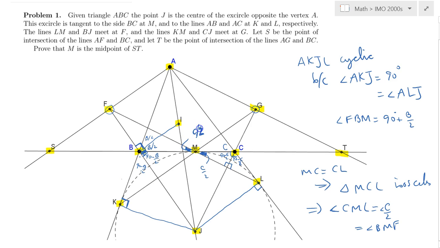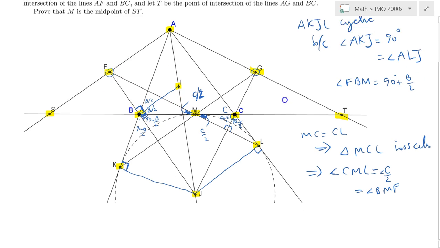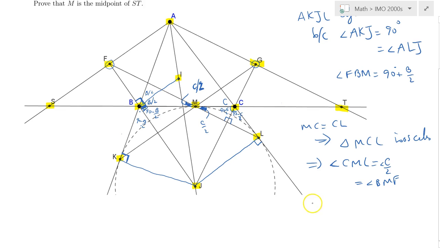Now finally, focusing on triangle FBM, it's clear that angle BFM is simply equal to 180 degrees minus the other two angles, which are namely FBM, 90 plus B over 2, minus this one, which is C over 2.